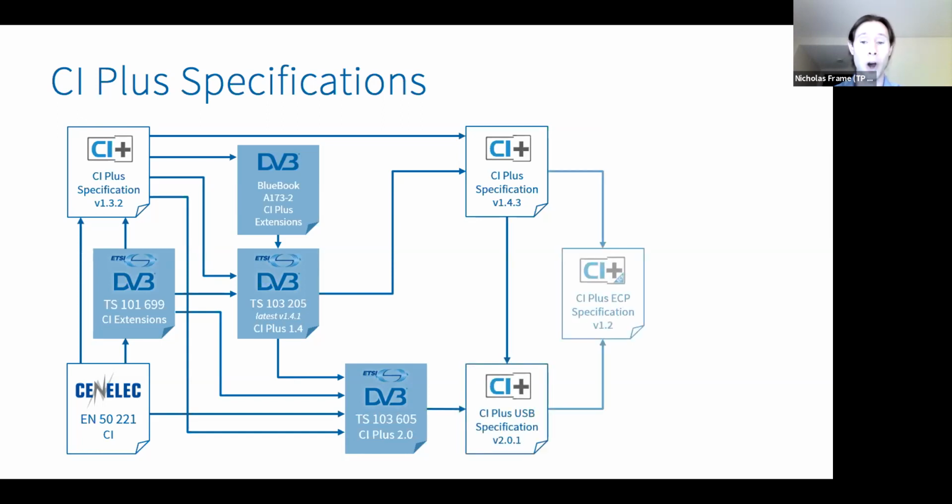In addition, there are a couple of optional wrapper specification profiles that devices can choose to support. One for the USB interface and one for the ECP security level. And again, just to be clear, these are not defining new technical specifications. They're simply profiling existing specs. So to give another example, ECP refers to the URI version 5 defined in TS 103.205.